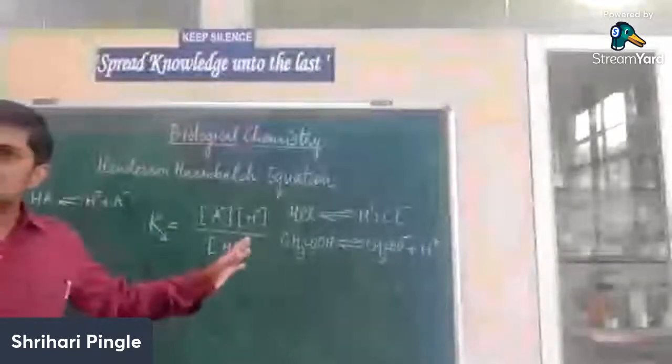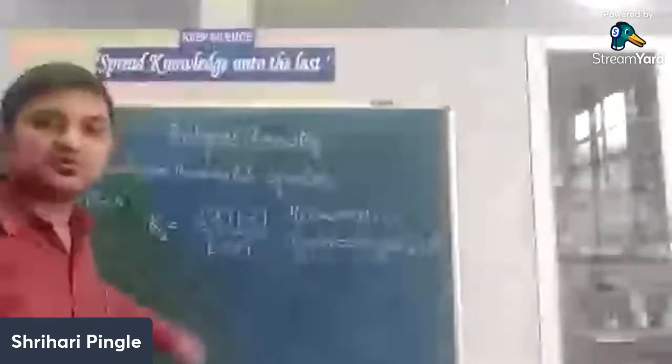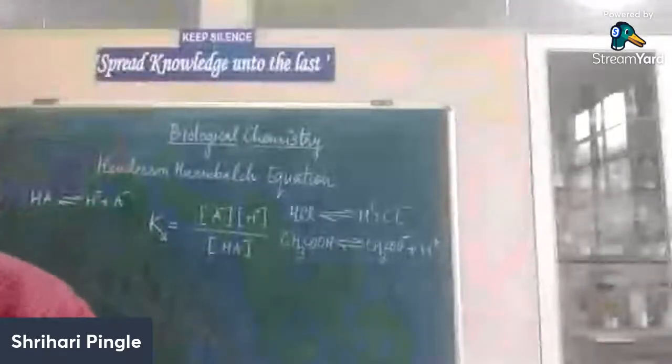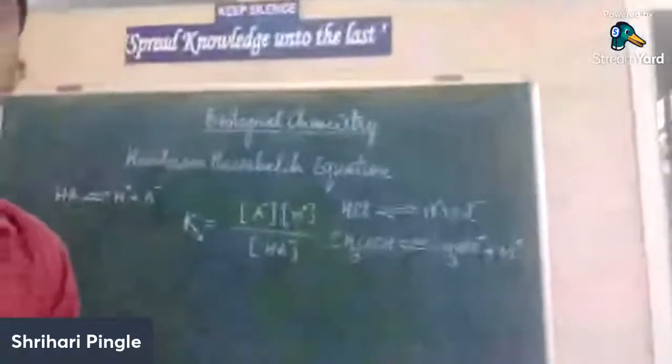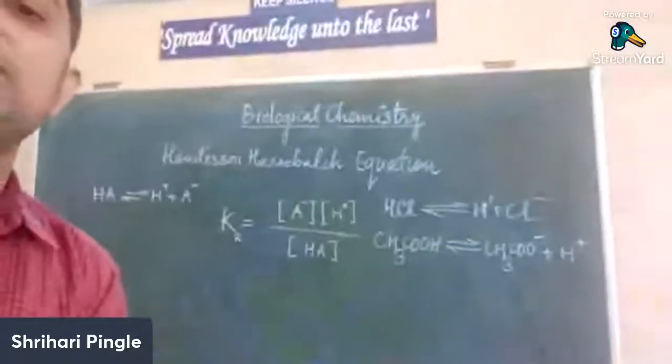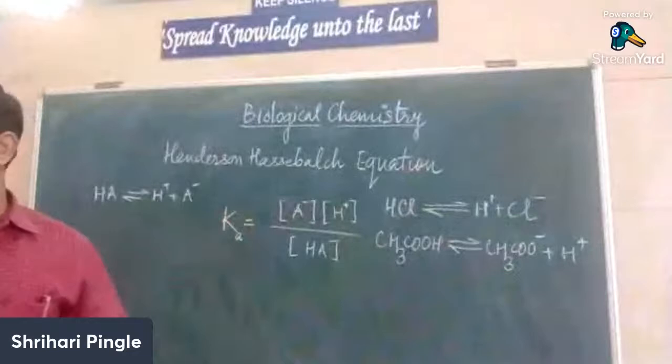This is what is being written here. The YouTube people can see what is being written; just in case they cannot, I will do it a little closer so that they can see. So this is what Henderson is.